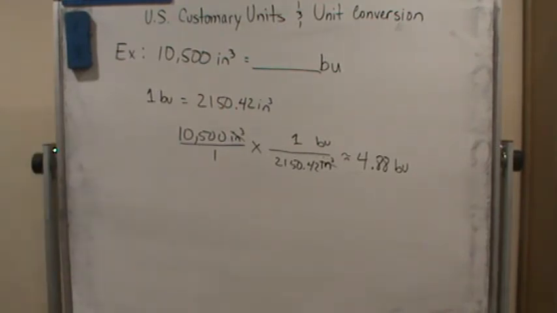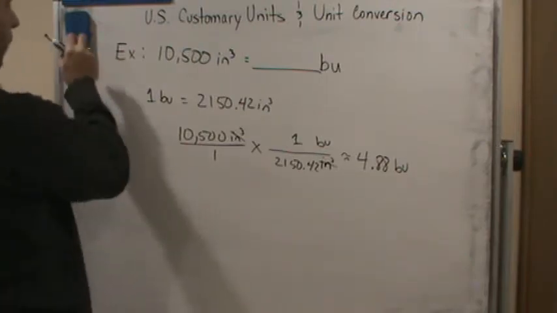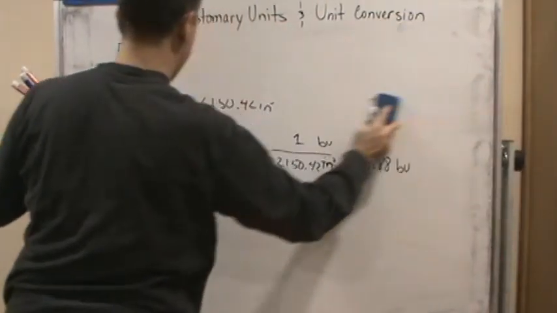Now, what about another one? Let's say we have an application. So let's say we have barley, and barley has a density of 38.4 pounds per cubic foot. Okay, so let's do that.